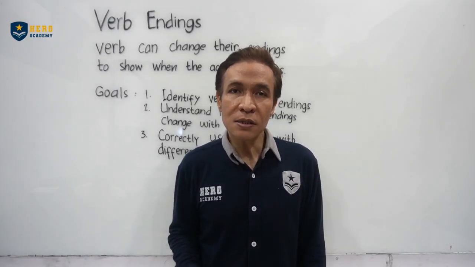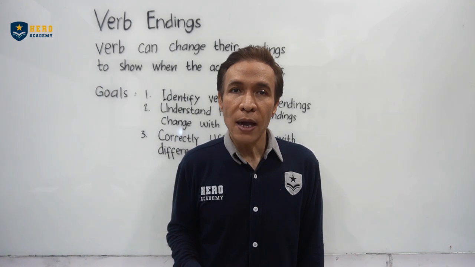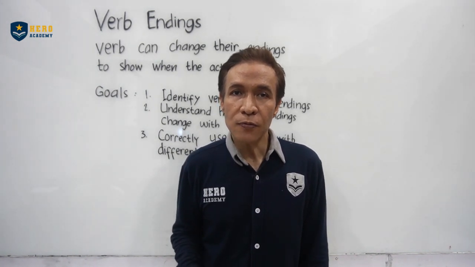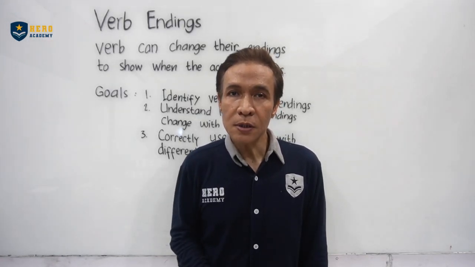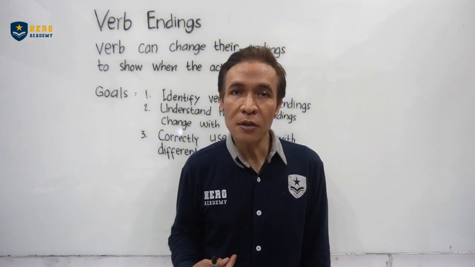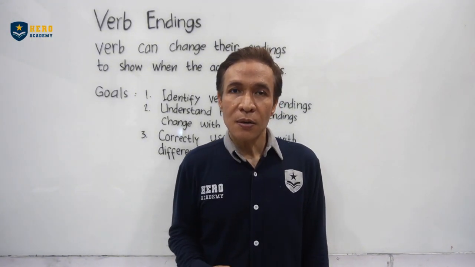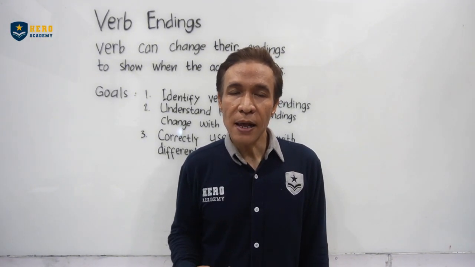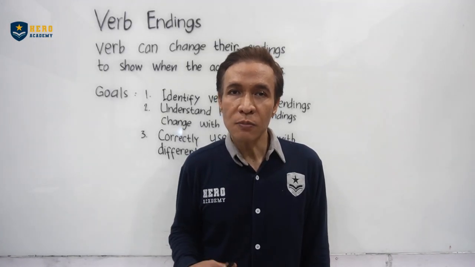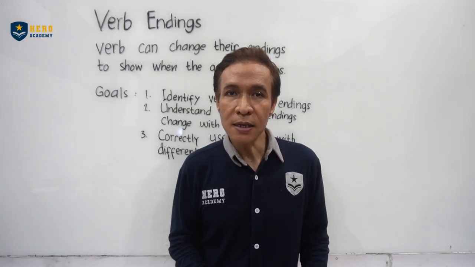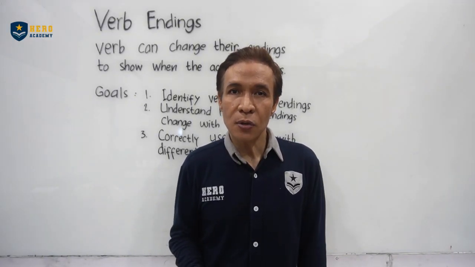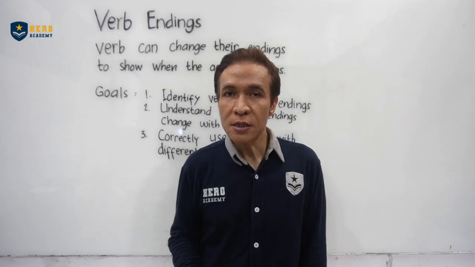And what about simple past tense? We add different ending to the verbs in simple past tense. For example, you think about verbs that often be used in simple past tense, like walk becomes walked, and play becomes played, and then also work becomes worked.